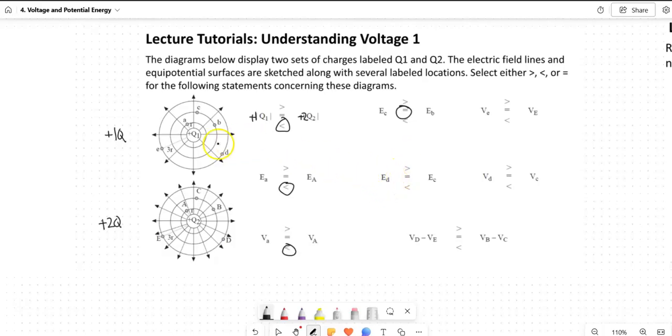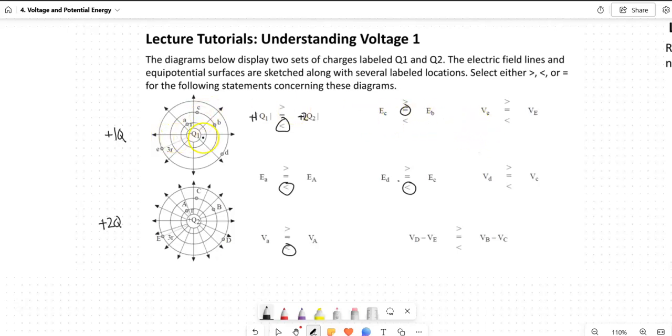And when we compare the electric field at D to the electric field at C, C is closer to the charge, so it's going to have a stronger electric field than D. So these two are equal, and C is greater than D, or D is less than C.